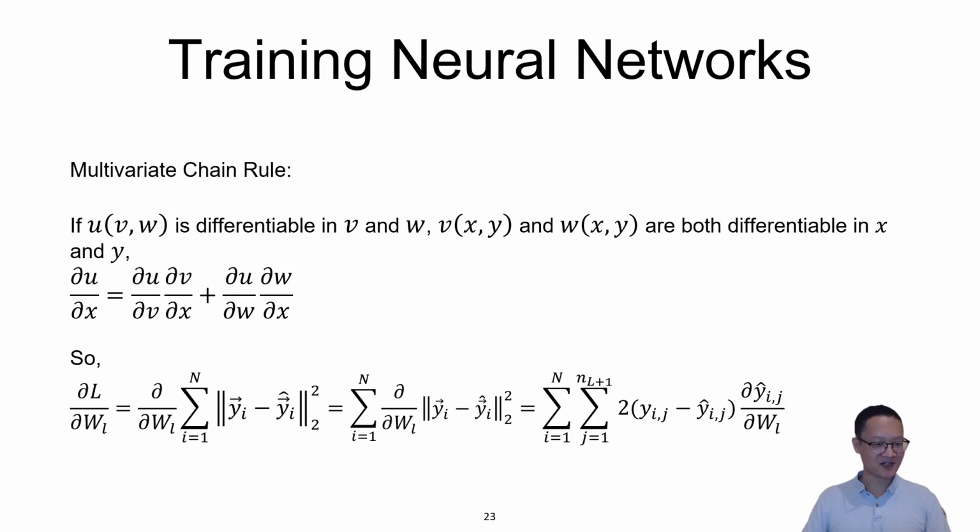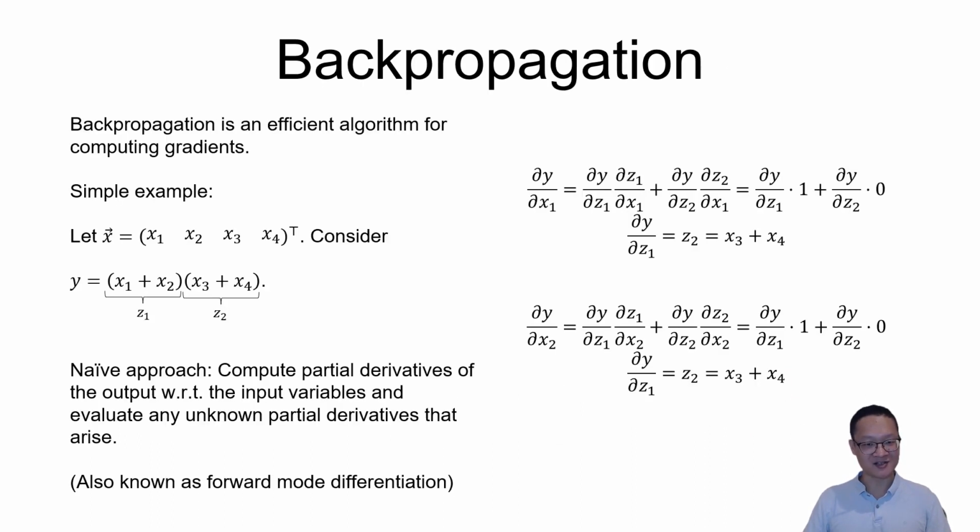Before we actually get into the neural network differentiation, let's talk about a general algorithm for efficiently computing derivatives or gradients. This algorithm is called backpropagation. We'll be using backpropagation to take the gradient of neural networks, but we're going to see it for simpler examples first.